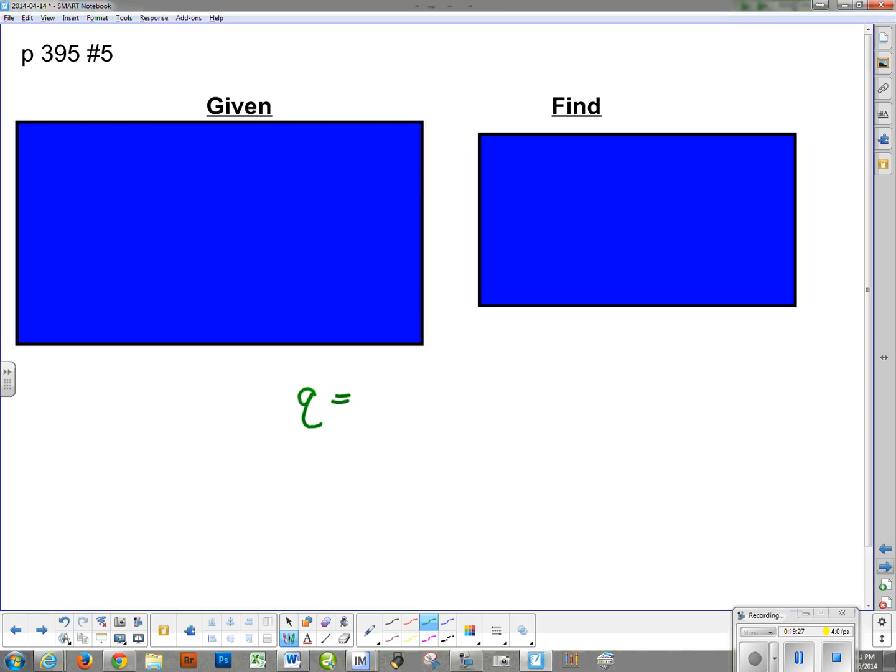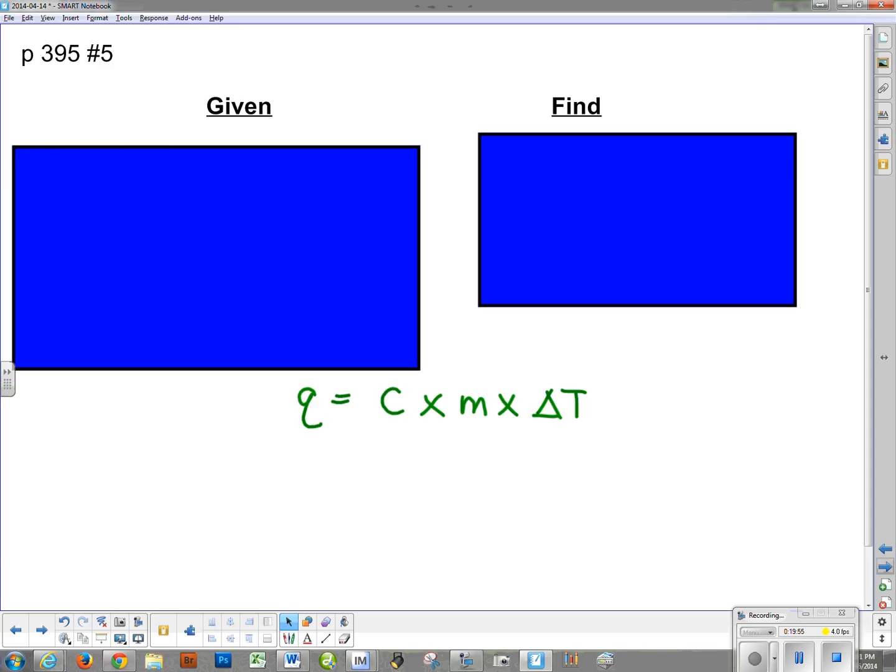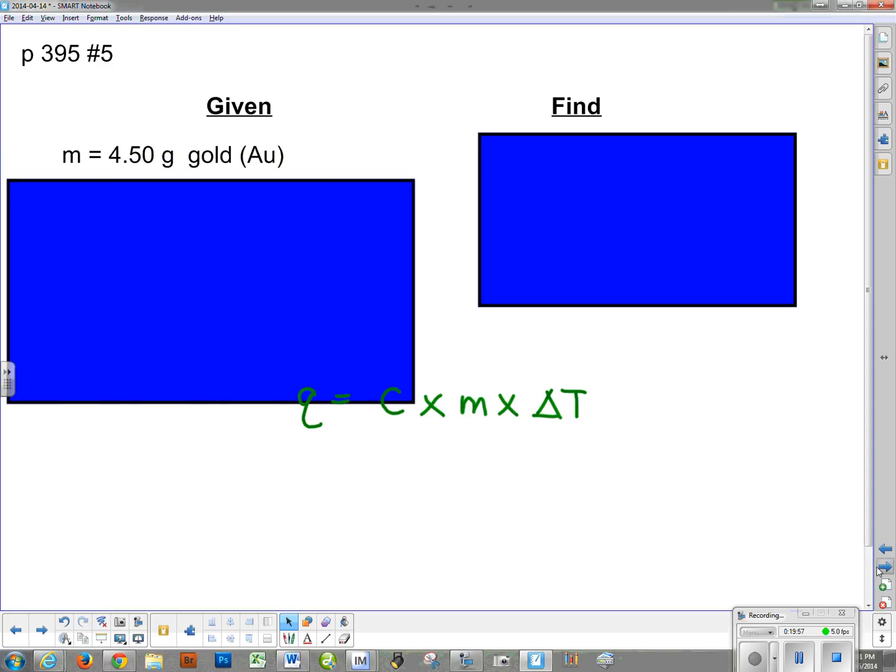Equals C. What is C? Specific heat times mass, M, times temperature change, which is a delta T. And that's in degrees centigrade. Now, let's look at all of our givens and finds. Okay, that was pretty easy, wasn't it? So, Lizzie, what do we have as another given?